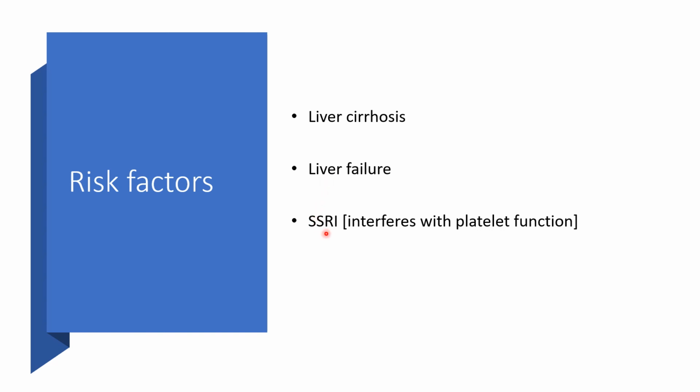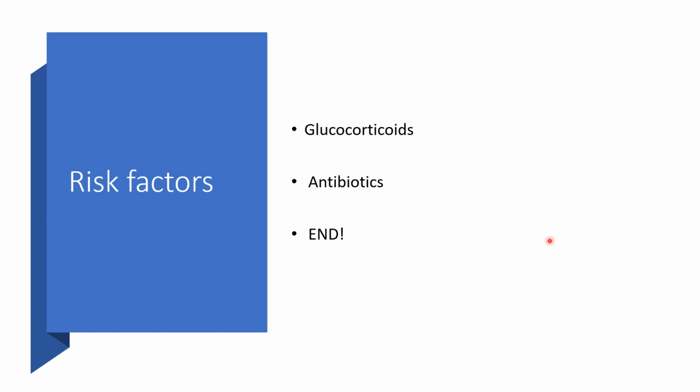SSRIs, selective serotonin reuptake inhibitors, will cause problems leading to bruises or bleeding because SSRIs will interfere with platelet function. Glucocorticoids will interfere with vascular integrity, so there can be bruises or bleeding.